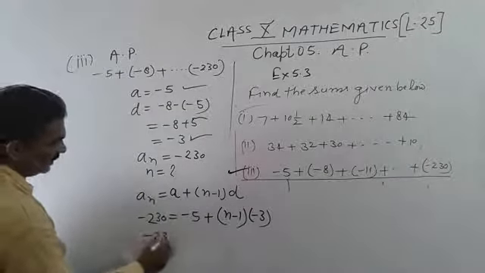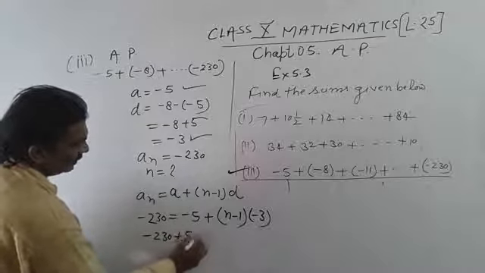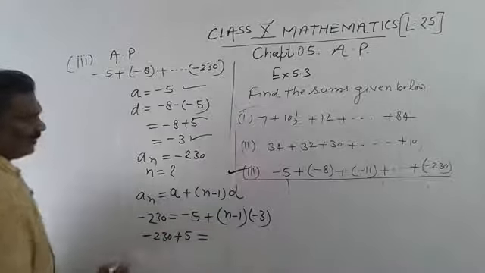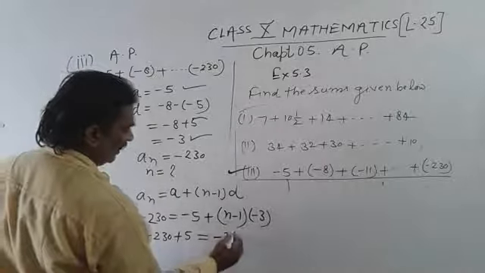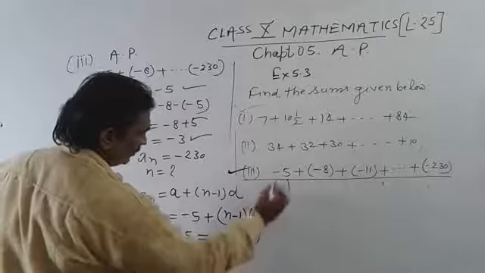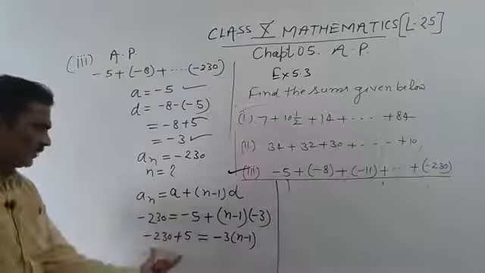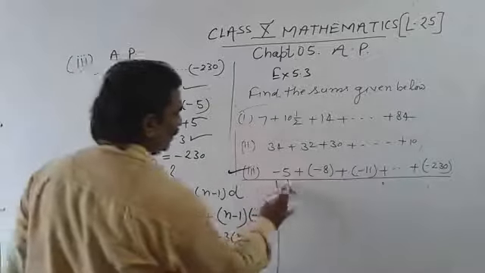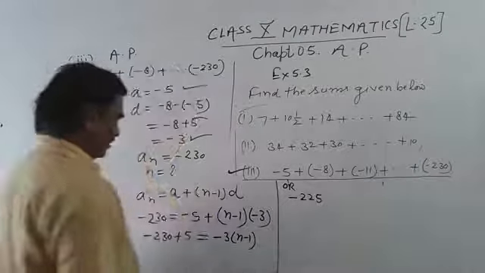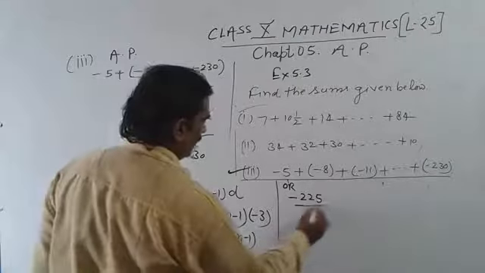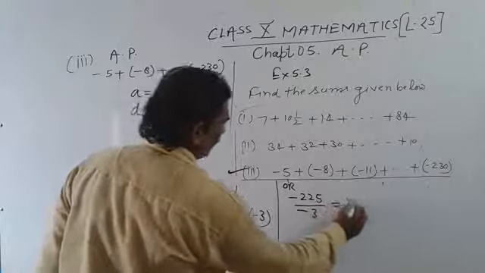Transposing, minus 230 plus 5 is equal to minus 3 into n minus 1. Here students, it becomes minus 225, or minus 225 upon 3 with negative sign is equal to n minus 1.